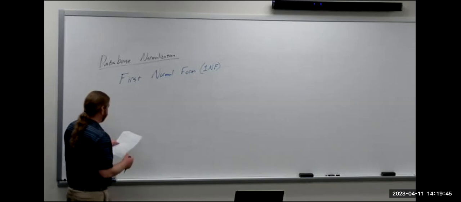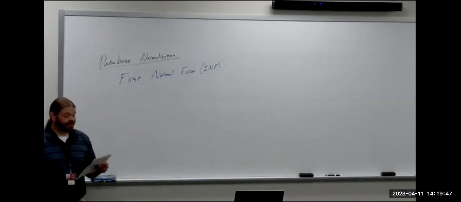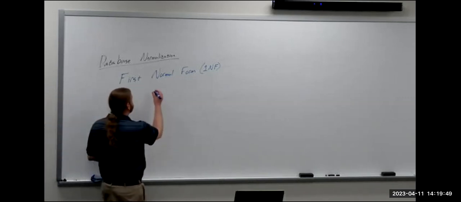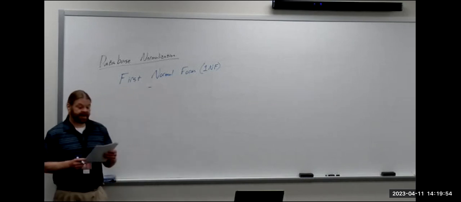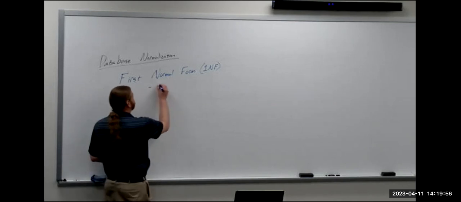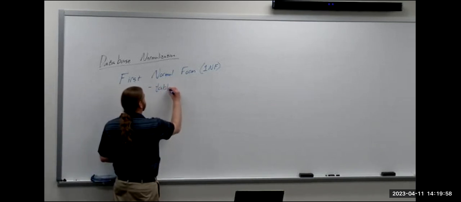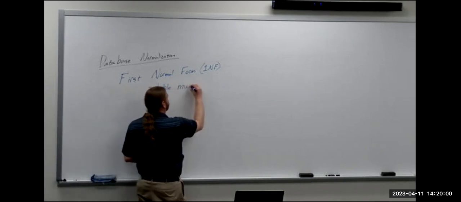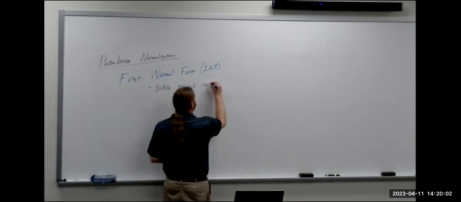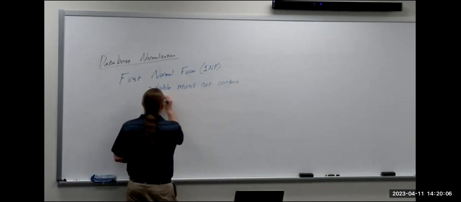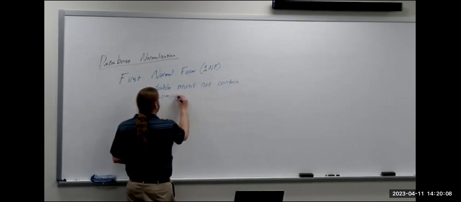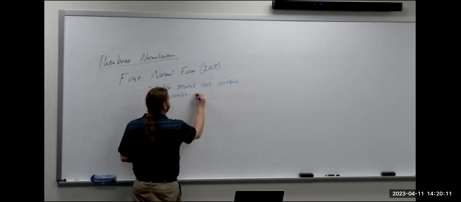So first normal form, there are 2 rules we need to follow. The first one is the table must not contain composite attributes.